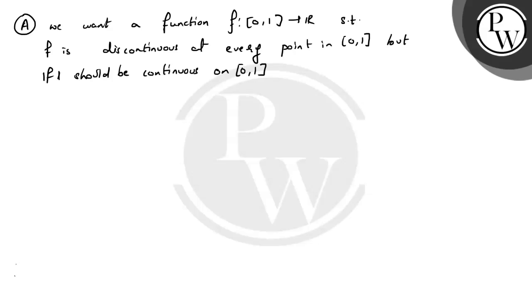So an example of a function which is discontinuous at every point in the domain is the Dirichlet function.